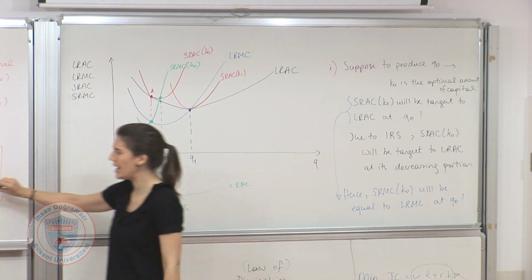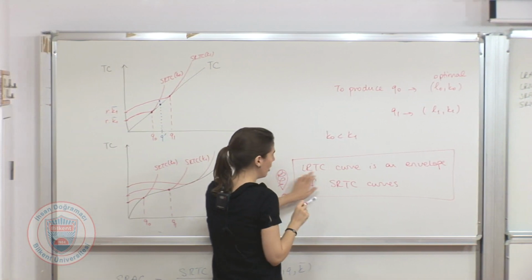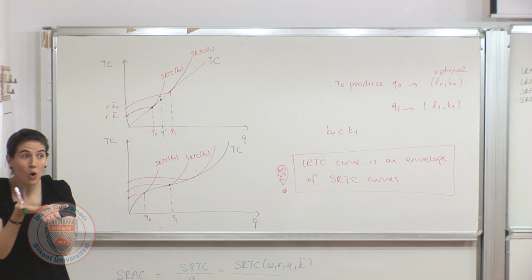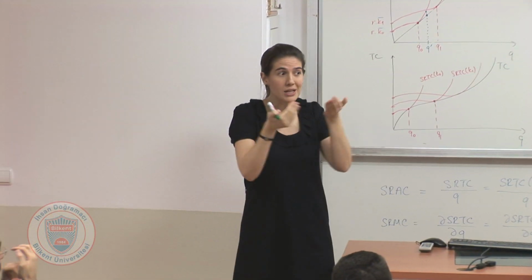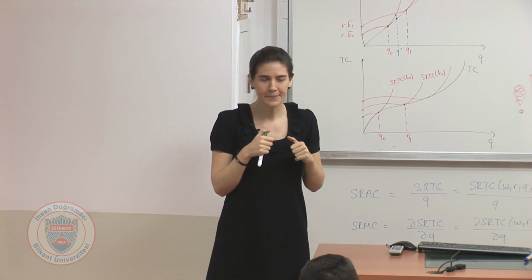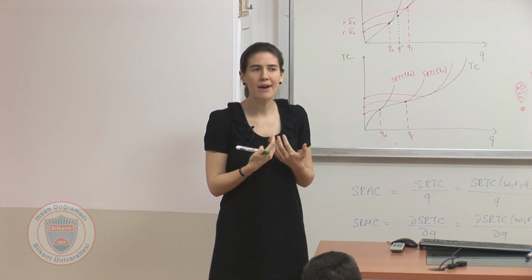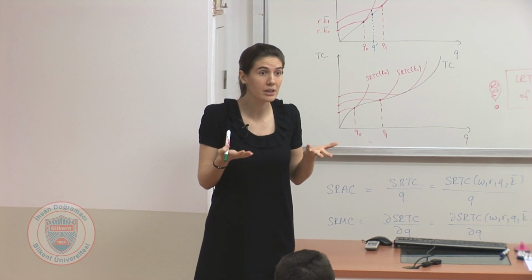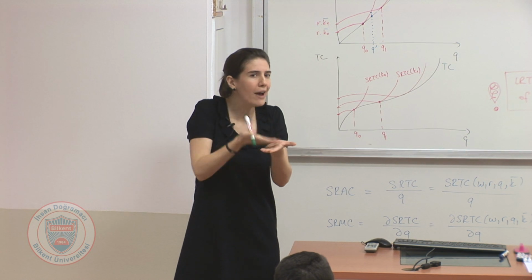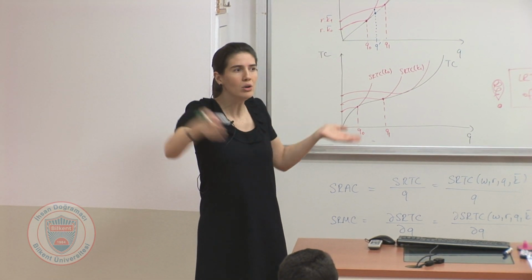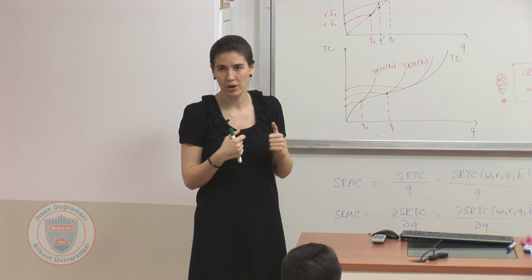Remember, what did we say? The long-run total cost curve is an envelope of short-run total cost curves, meaning that all the short-run total cost curves are above the long-run total cost curve, right? Now, for the averages, it's similar: the short-run average cost curves should always lie above the long-run average cost curve, okay?